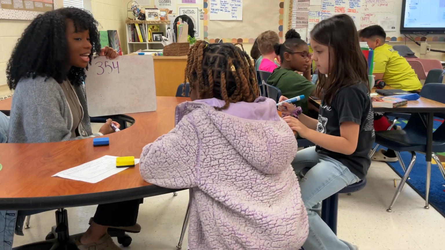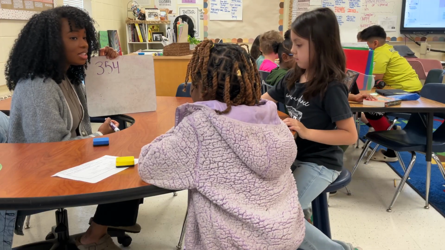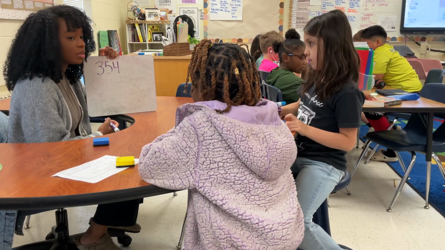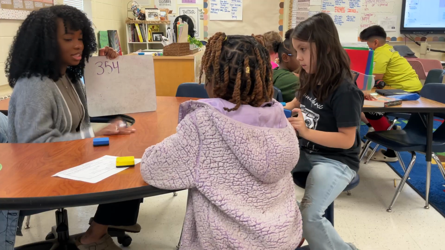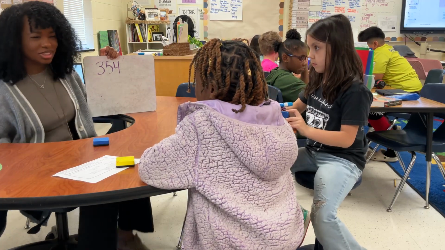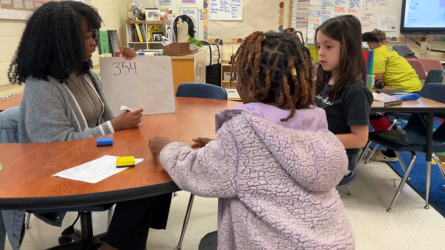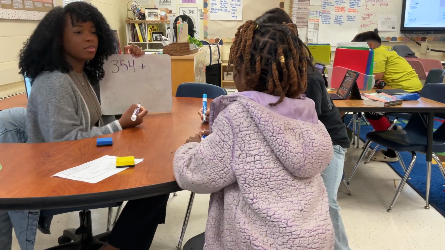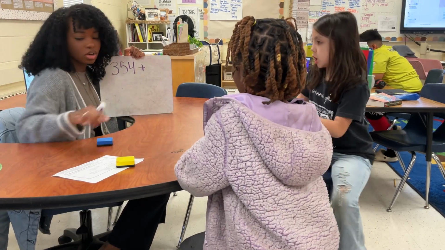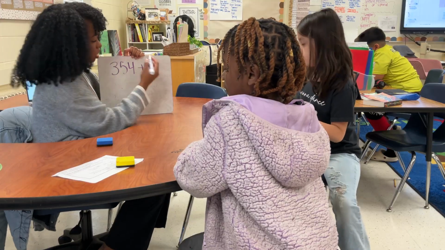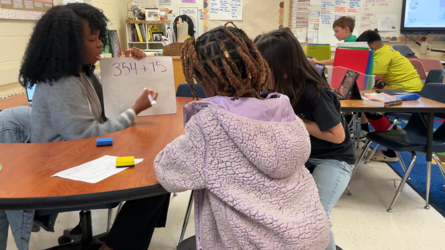It's a 3 what? 3 digit? Okay, 3-digit number. And you're adding a 3-digit number with a what? Put your finger on the second. With a 2-digit number. Great job.